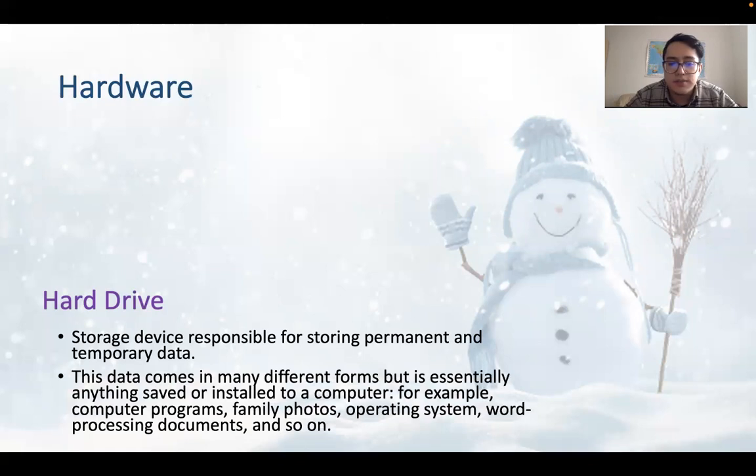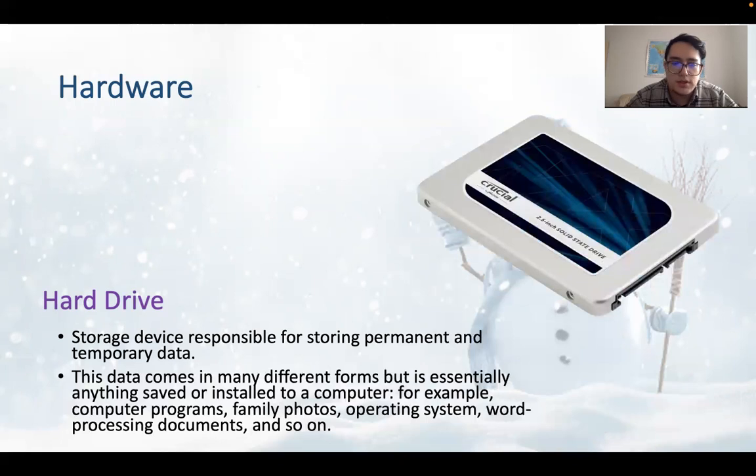This data comes in many different forms, but is essentially anything saved or installed to a computer. For example, computer programs, family photos, operating system, word processing documents, and so on. So this is the hard drive.